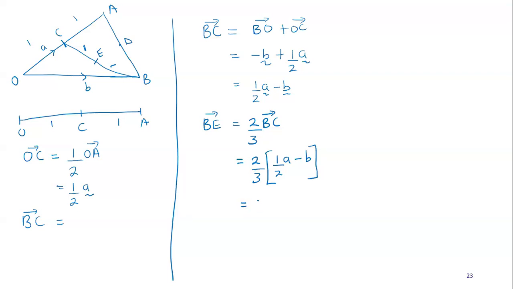Now, when I want, I'm going now to simplify. I'm going to open the brackets. So when I open, this will be 2 out of the 3 times a half of A minus, remember these 2/3 affects everything, 2 out of 3 of B. So this 2 and the 2 will cancel. I don't want to cancel it, but just to show you, these 2 are going to go.